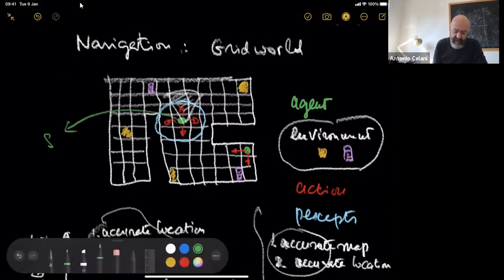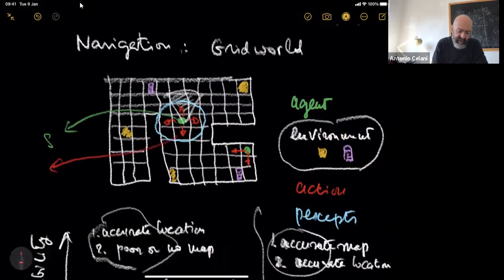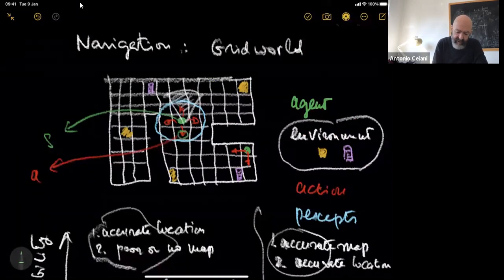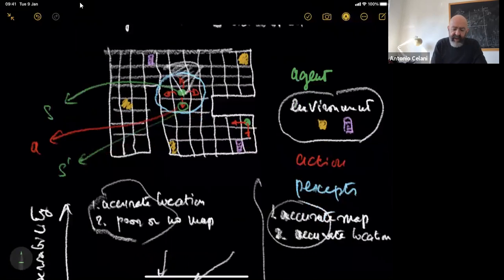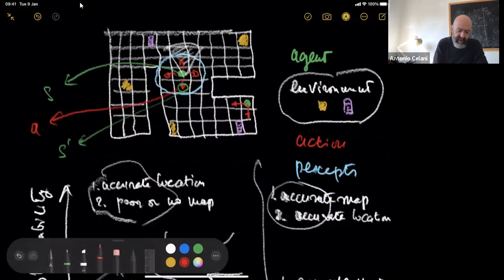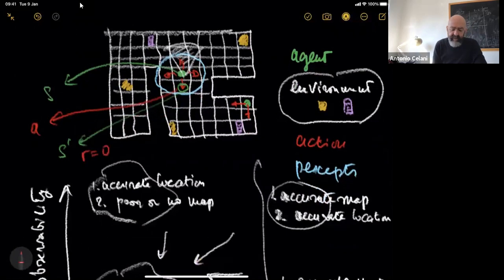Then you take an action. So suppose that this is the action you take, and if you take that, then you end up in a new state here, which is your new state S prime. And is there any dust in that tile? No, no dust. Therefore, you get reward equals 0. And then you move around.